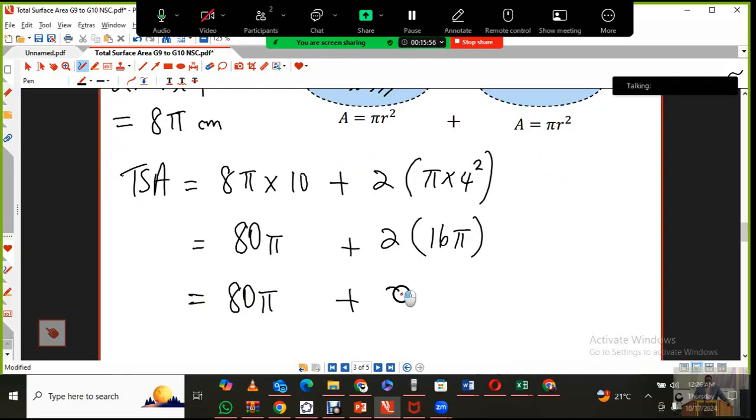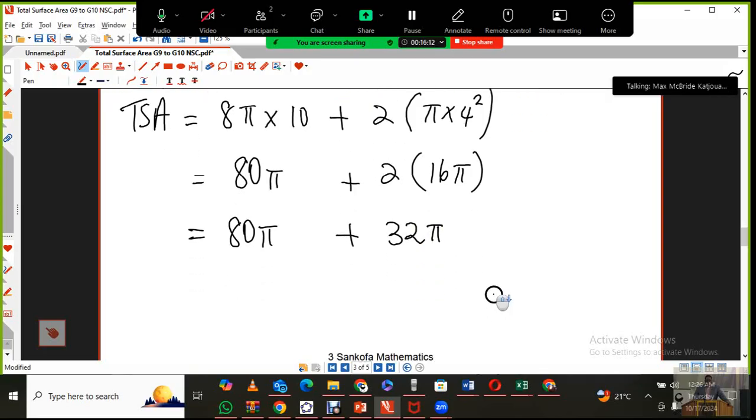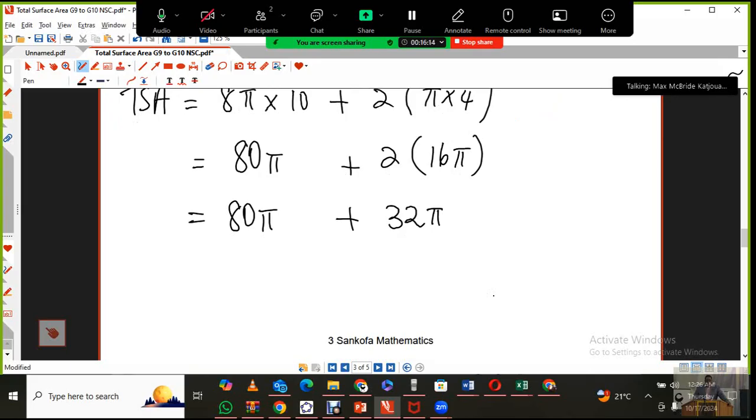And what is 2 times 16? It's 32. Are we together? Now let's add 80 plus 32. 112 pi.